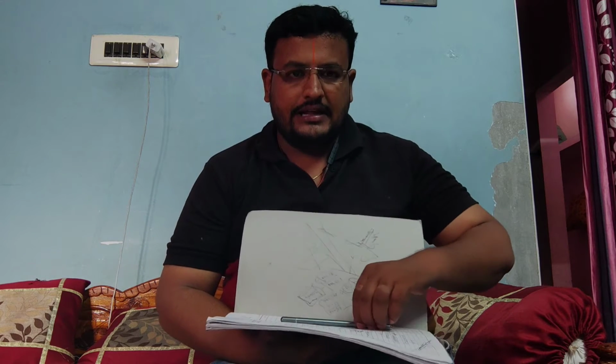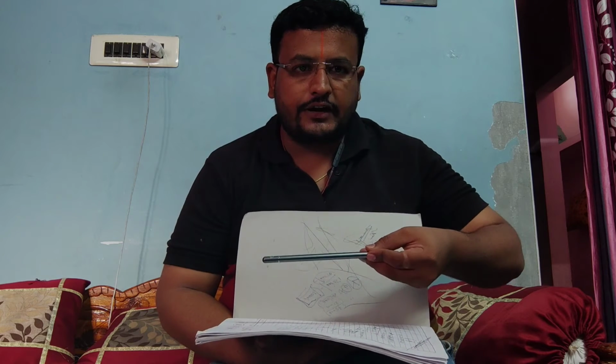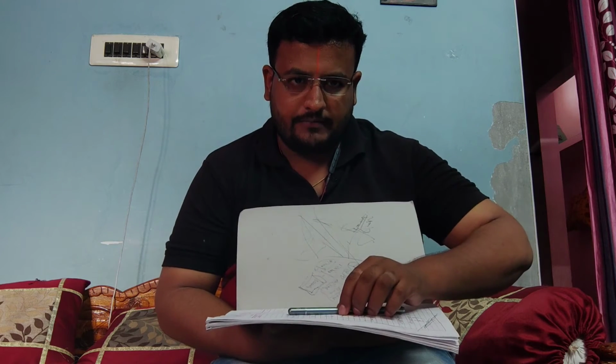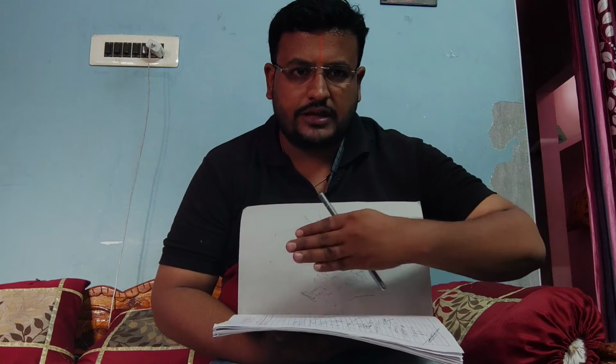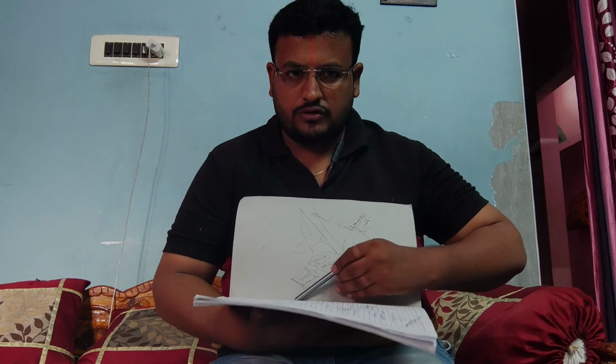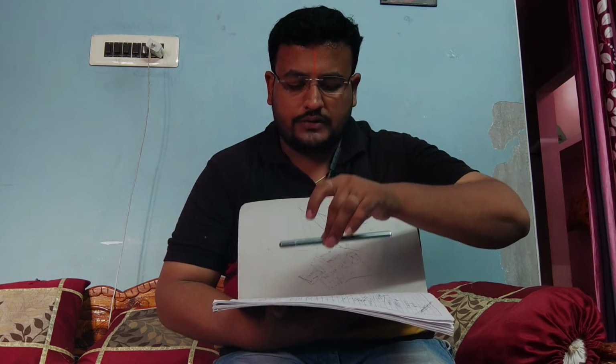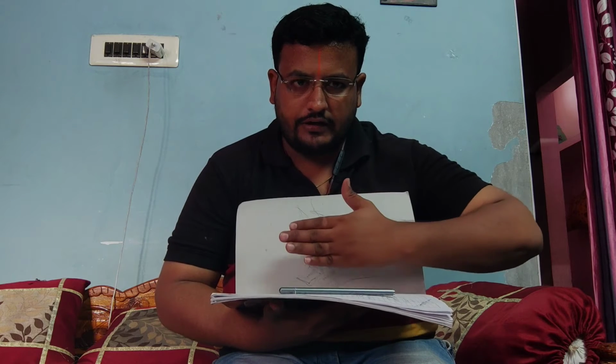Here, a certain line is assumed to be at a certain distance in mm above HP and in front of VP. From the top view, you can see this line on the horizontal plane at some distance in front of VP. That means whatever the distance is from the VP, its projection will also be at the same distance from this reference line. From the top view, you can see the line AB at a certain distance in front of VP.